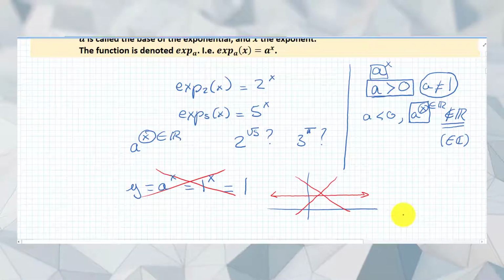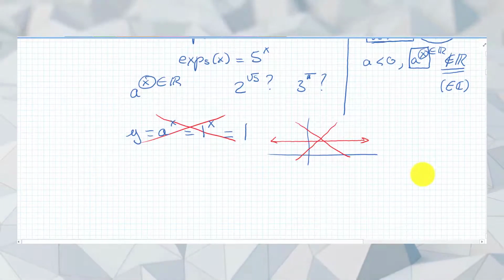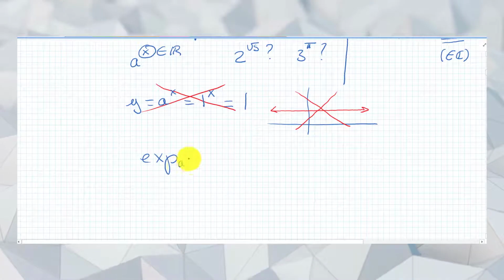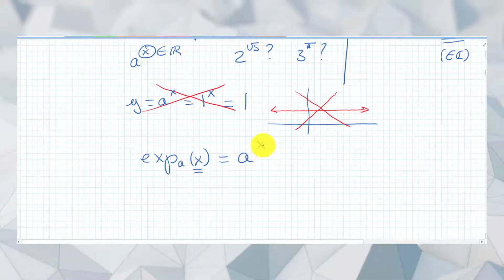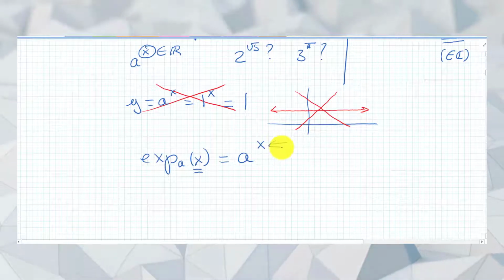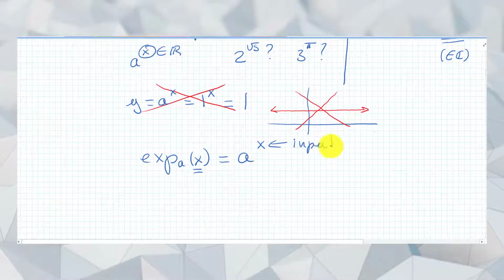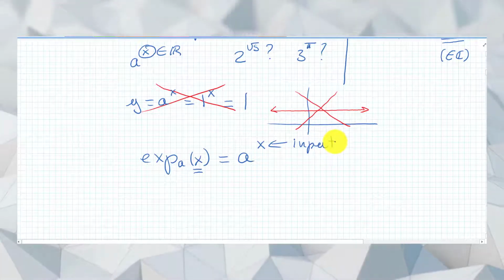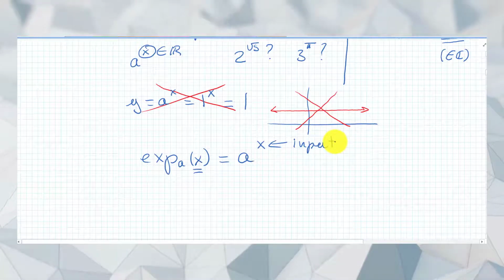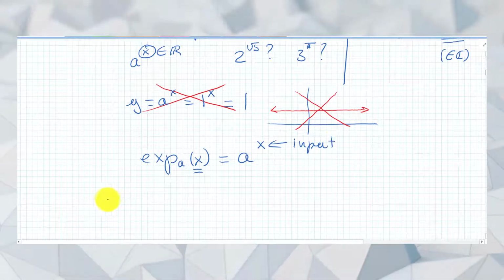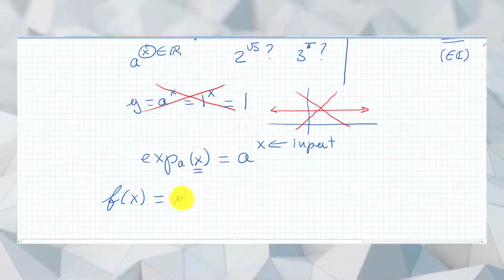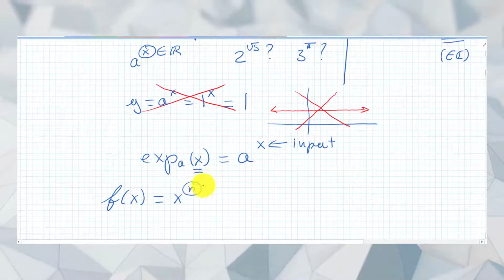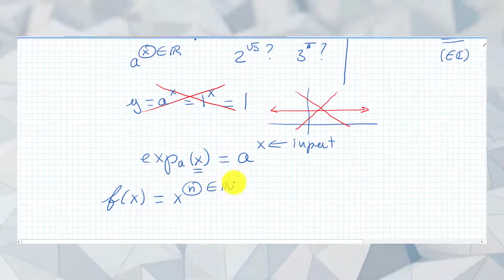Finally, the last remark is that in this family of exponential functions, the input is at the exponent. This is the input of the function. Let me remind you that in the previous unit, we saw a family of monomial functions. We wrote them as x to the n, and we said n had to be a natural number.